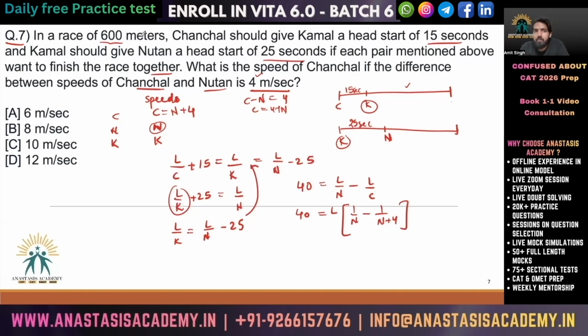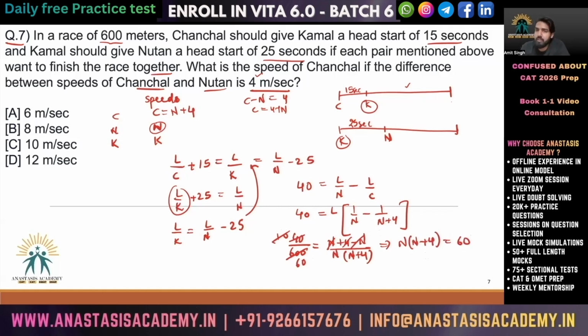Now L I know is 600 meters, so 40 upon 600 is equal to (N plus 4 minus N) upon N into N plus 4, taking LCM. Now this would be 4. I can cancel out 10 times and 60, so I'm getting N into N plus 4 is equal to 60.